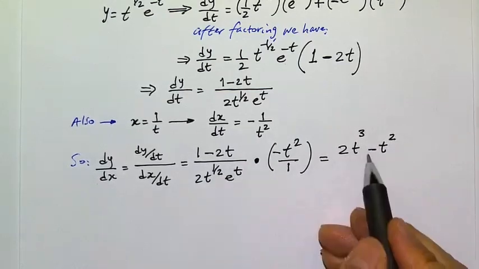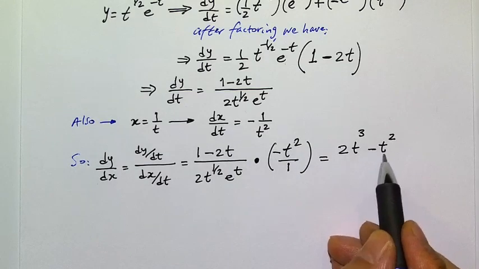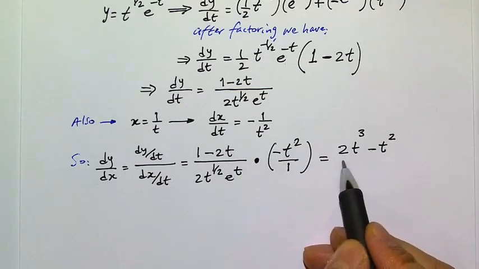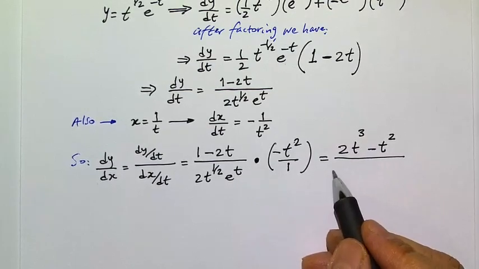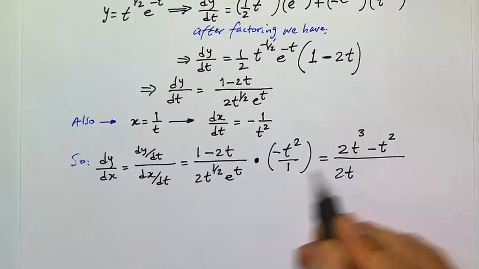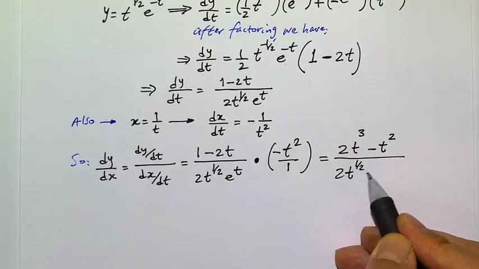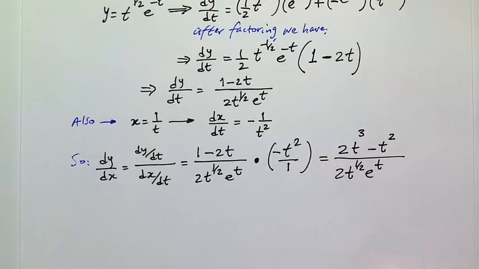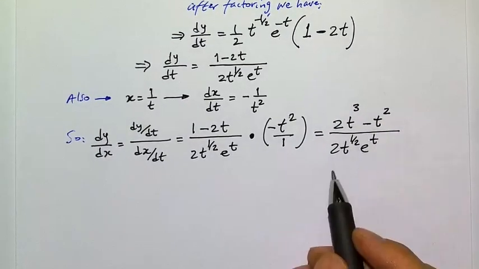I swapped this spot because I want the term with the minus to be in the middle. Okay, divide that by 2t, the same thing, right? 1 times all of that gives us the same thing, like that. Okay, now we can maybe factor this. Let's do that.